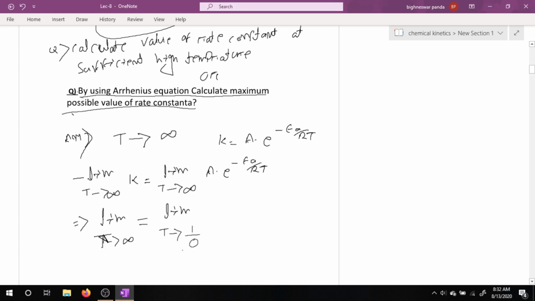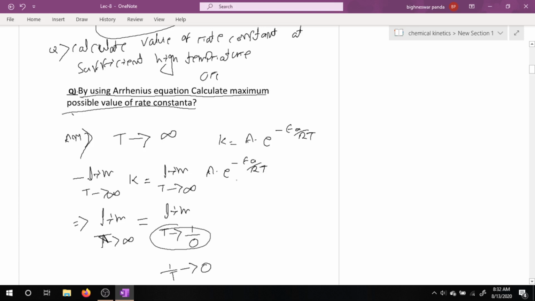In case of T tending to infinity, 1/T tends to 0.